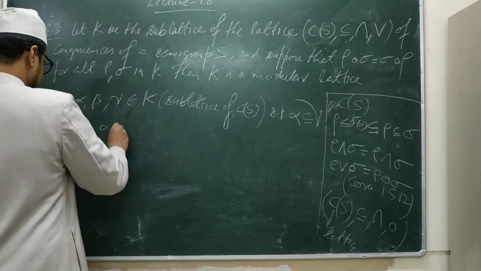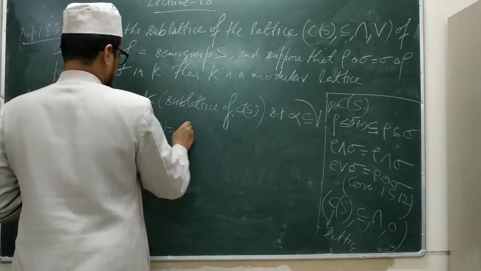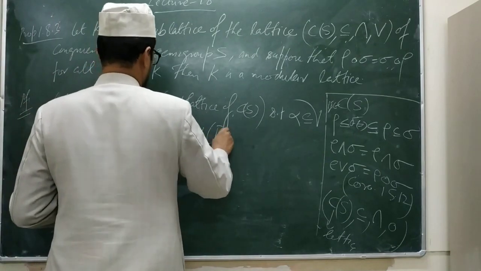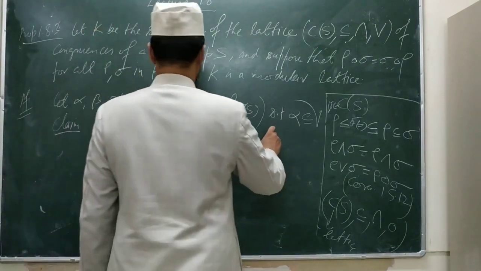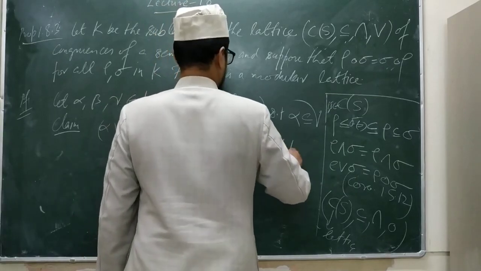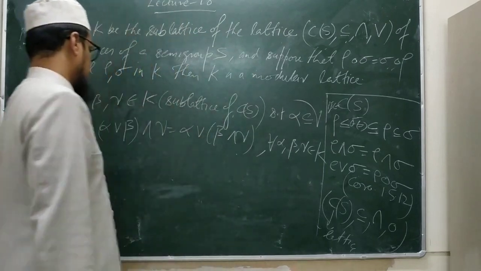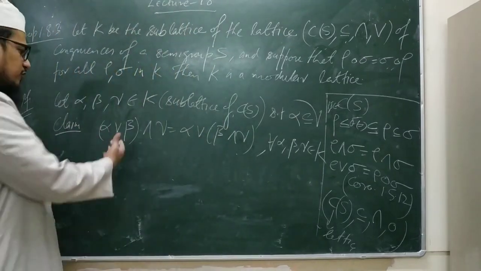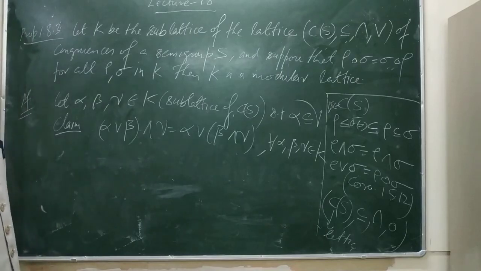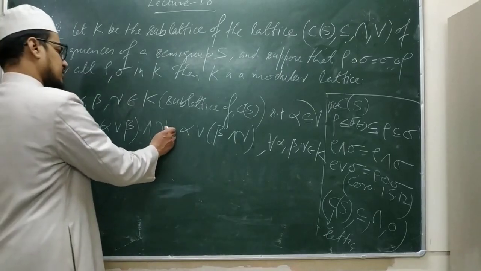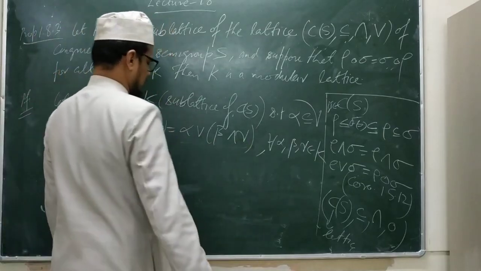Our claim is alpha join (beta meet gamma) is equal to (alpha join beta) meet gamma. This is our claim for every alpha, beta, gamma belonging to K. If we prove this, then K becomes a modular lattice. Basically we have to prove these two equal to each other.